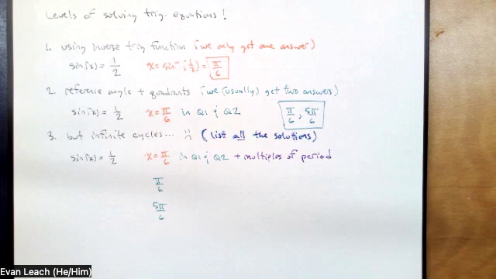What that looks like is we say pi over 6 plus 2 pi plus 4 pi plus 6 pi, minus 2 pi, minus 4 pi, minus 6 pi. We're going to add multiples of 2 pi because that's the period for the sine function.